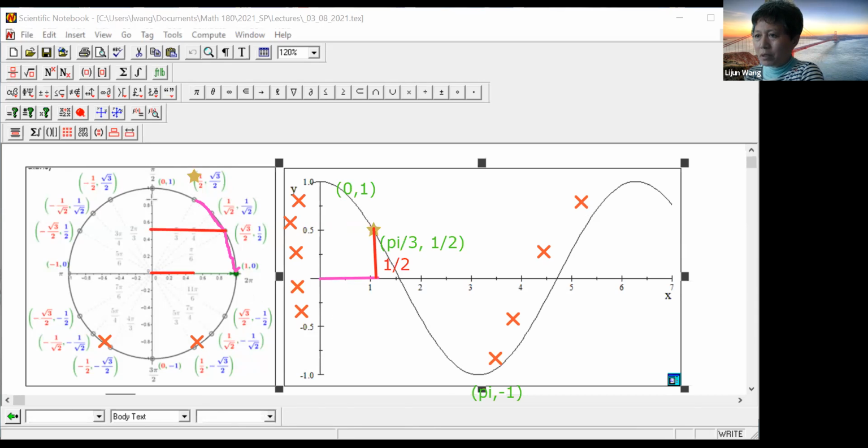All these red numbers are standing up. Did you guys do this? I asked you guys to do it. All of these numbers are standing up. So this half is over here, and this root 3 over 2 is going to be somewhere here. That's for pi over 6.